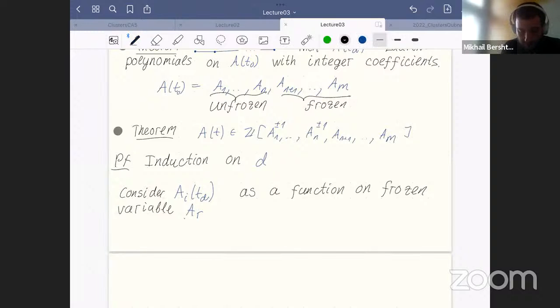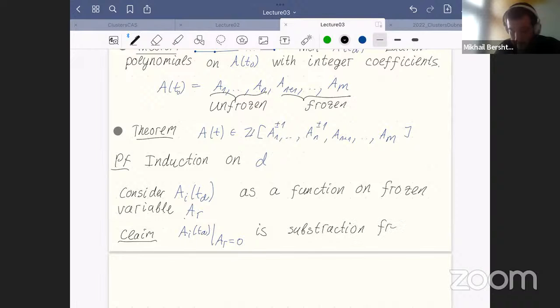So we will claim that ai of td, if we substitute ar equal to 0, is a subtraction-free expression.